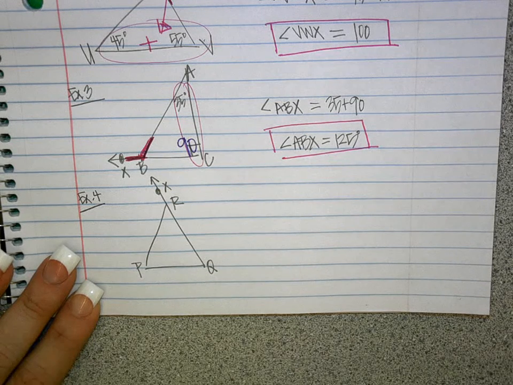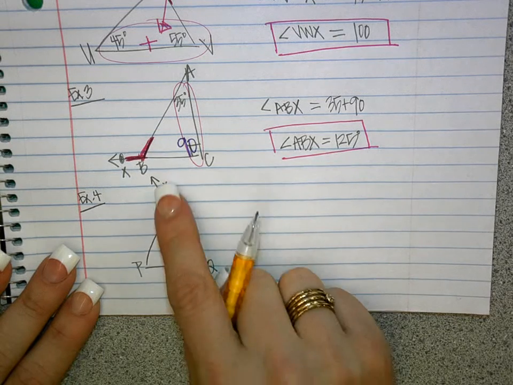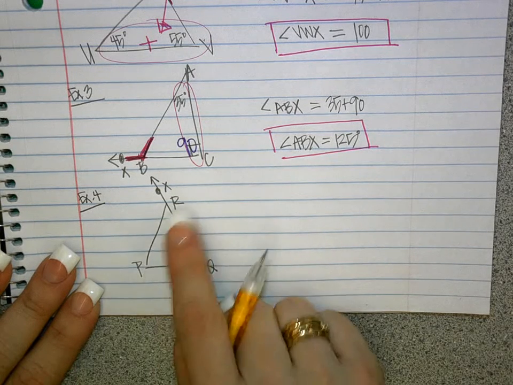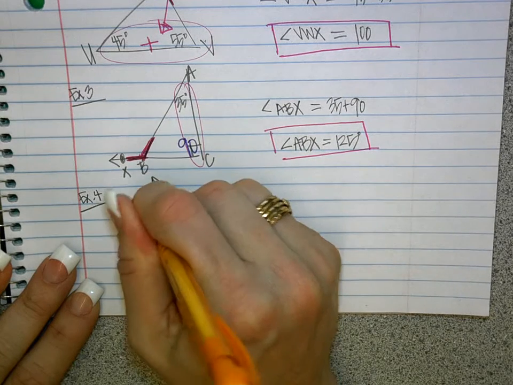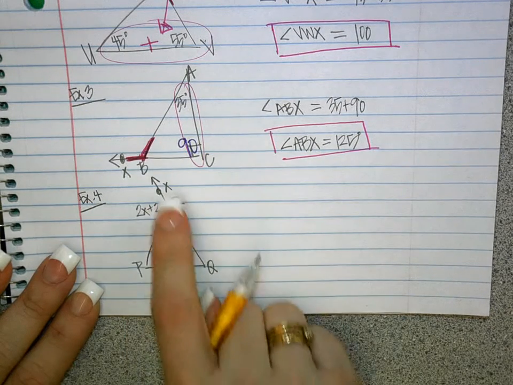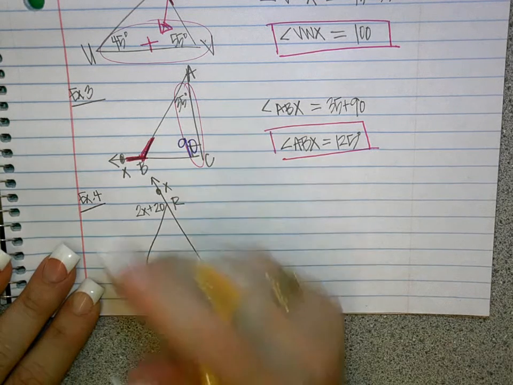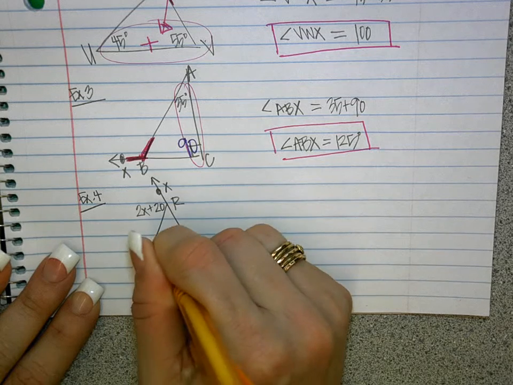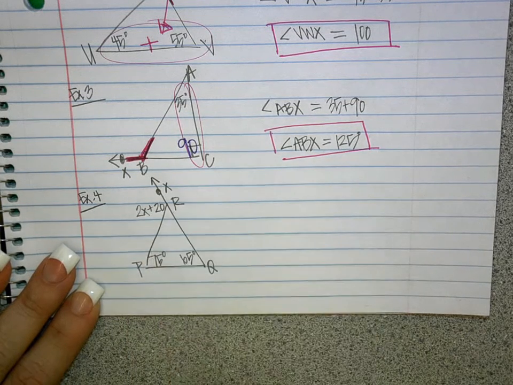If I tell you the measure of angle PRX, that's going to be in this corner right here, is 2x plus 20. The measure of angle P, the interior angle P, is 75 degrees, and the measure of angle Q is 65 degrees.